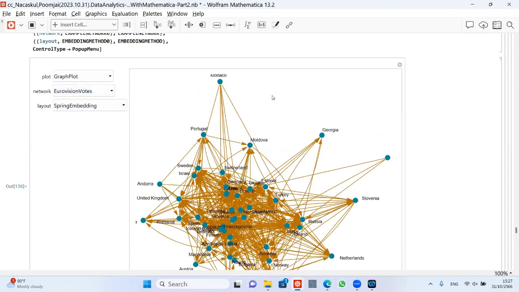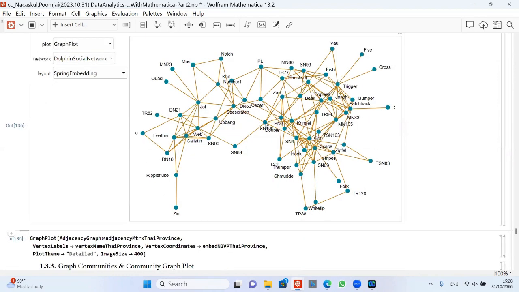See? The reason Monaco is isolated is because I think Monaco votes for other people but never votes for itself. Whereas Georgia never votes for other countries, but everybody votes for Georgia. So it's kind of like isolation. It's a one-way thing. So anyway, let's look at something more interesting. Dolphin. Let's look at dolphin.